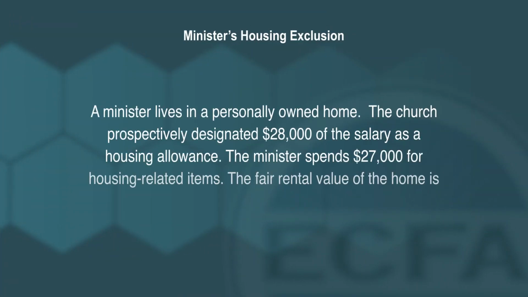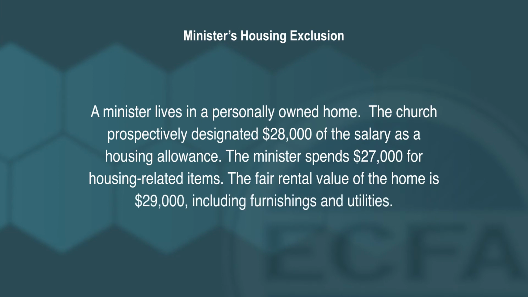Let's walk through a quick example. A minister lives in a personally owned home. The church prospectively designated $28,000 of the salary as a housing allowance. The minister spends $27,000 for housing-related items, and the fair rental value of the home is $29,000, including furnishings and utilities.